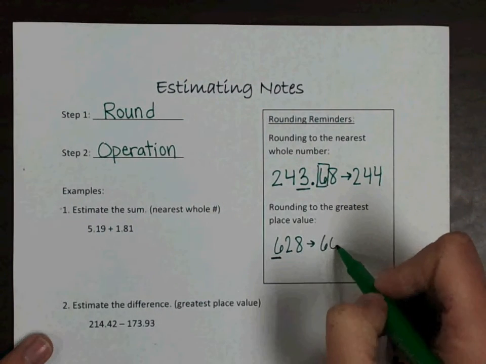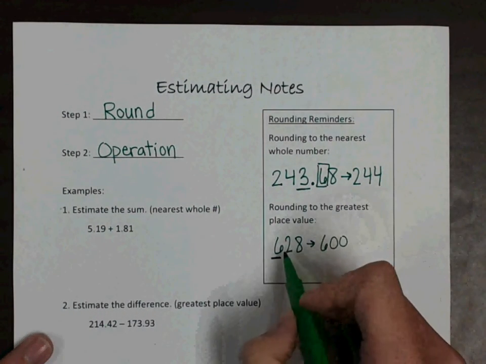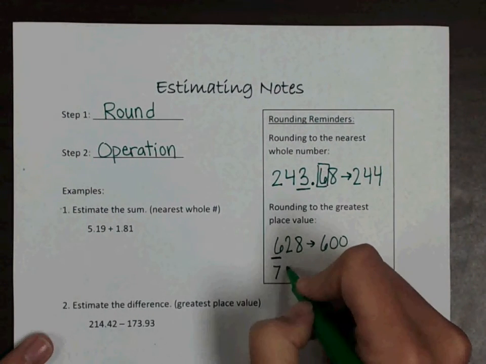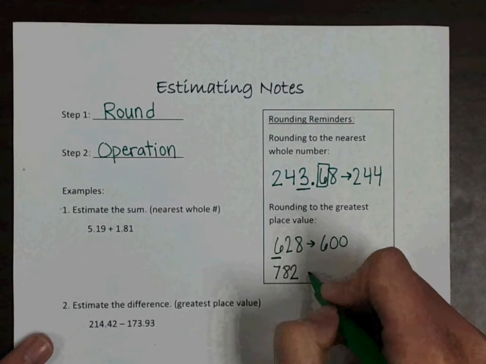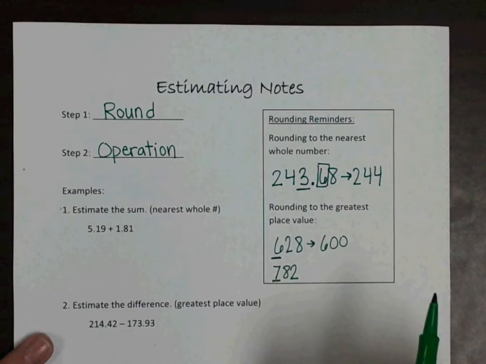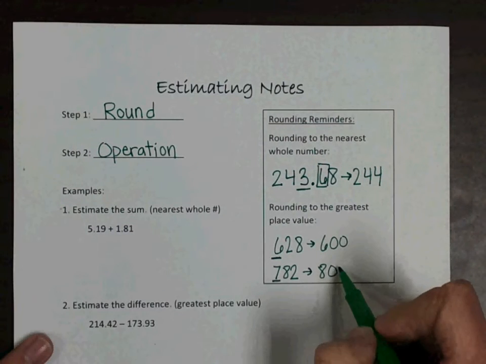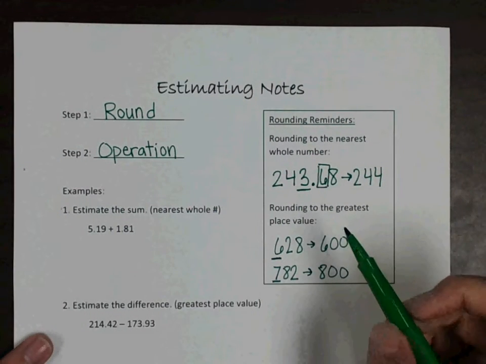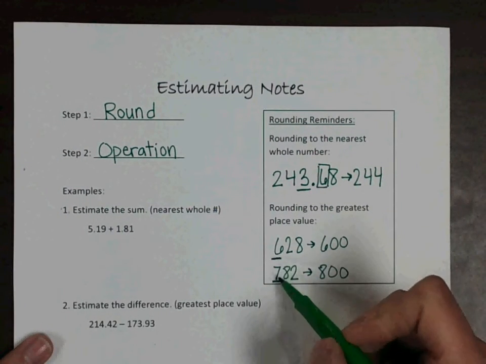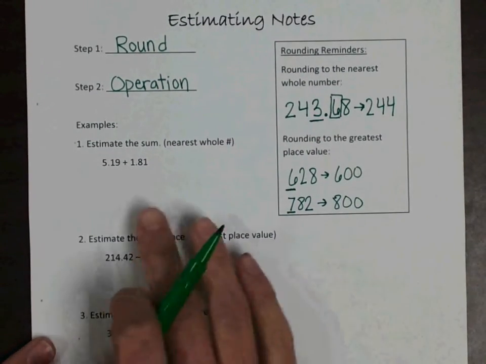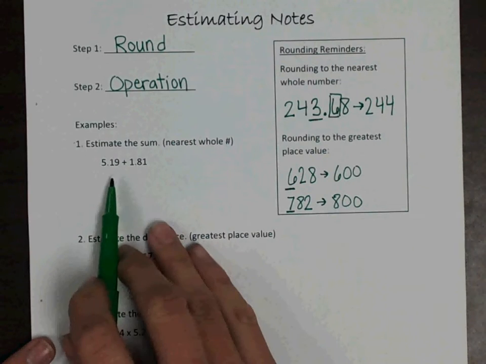It's less than 5, so I'm going to round it down to 600. Say I had 782. The greatest place value would be 7, and that 8 tells us to round up, so we would round up to 800. So the greatest place value is always that first digit. Alright, so that's just to help us get started.